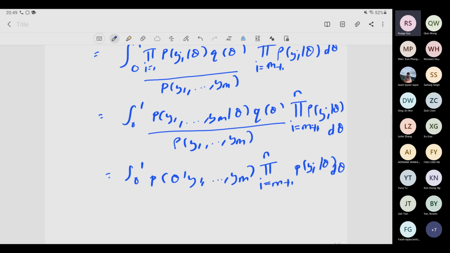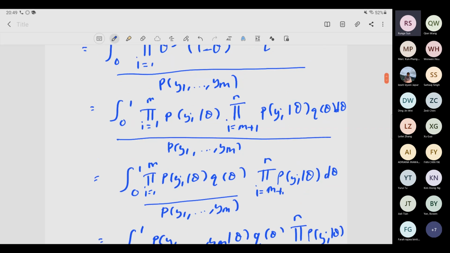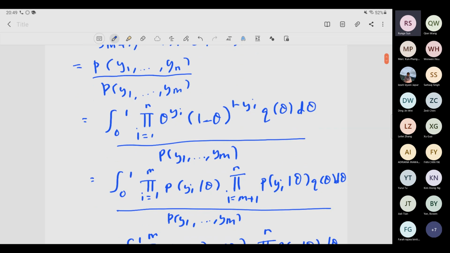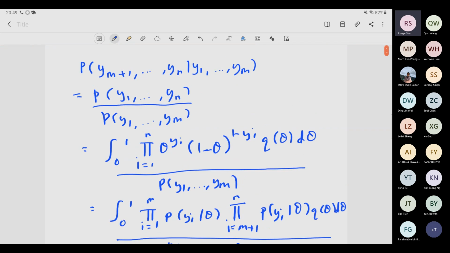So the idea here is you have your conditional of the data, and then you change it using de Finetti. Because the conditional is actually joint for A and B, which is y1 up to yn, you use de Finetti there.